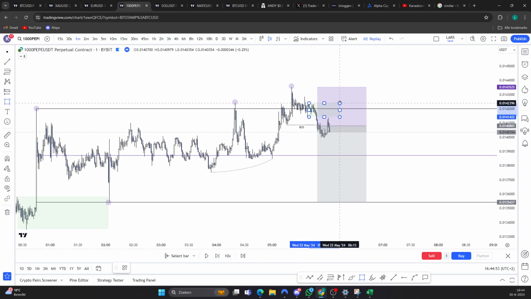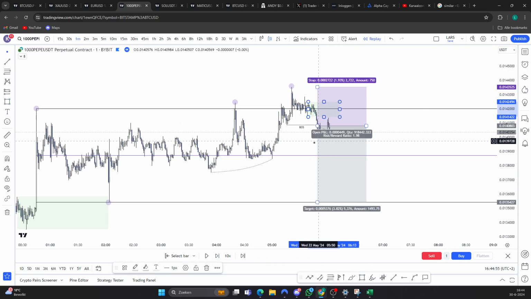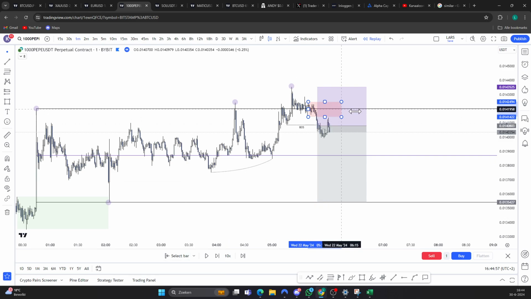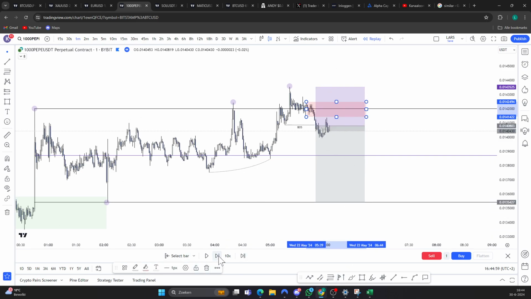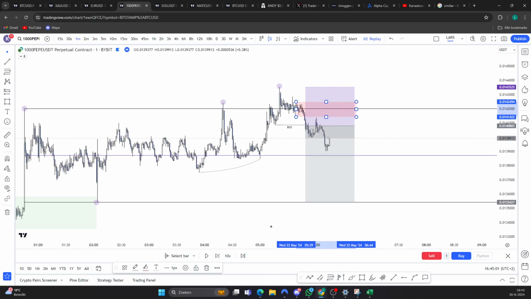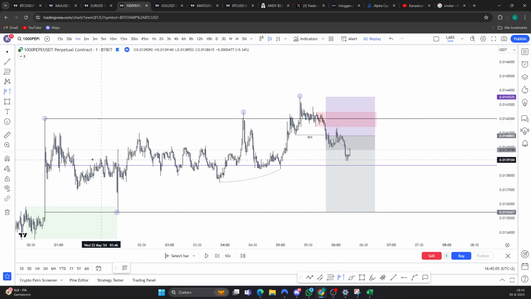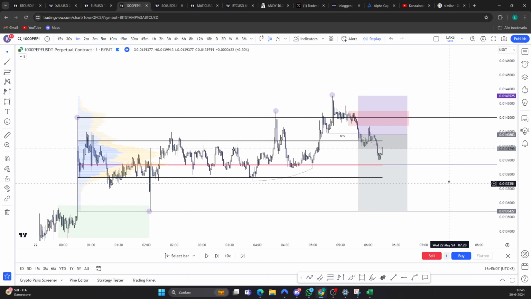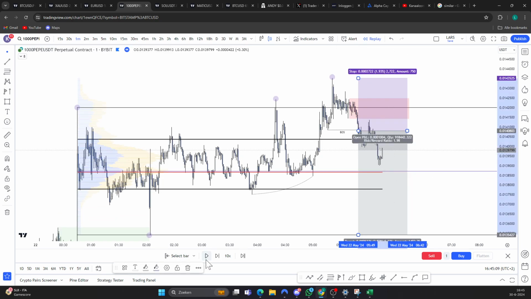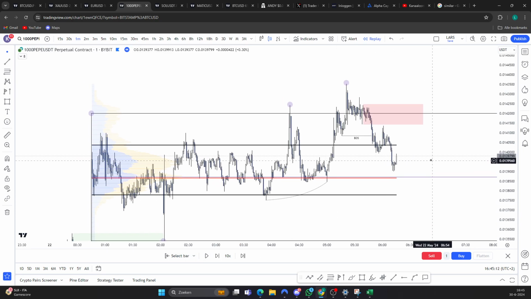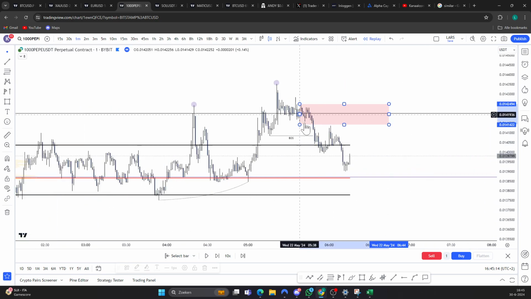We do have some supply here. Okay. So, adjusting it, we broke back inside the volume profile, right? Broke back inside the volume profile, having another break of structure.